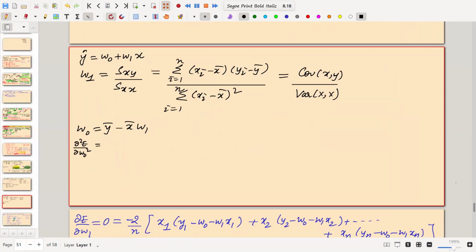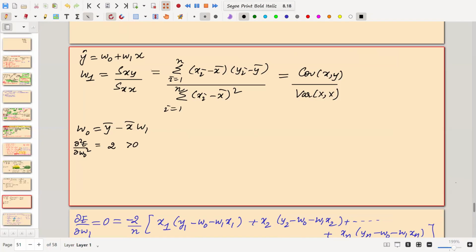We already found it out, no? Just take another w naught derivative. Check that, you will find it to be 2, and that is greater than 0. Yes, you are getting it right.